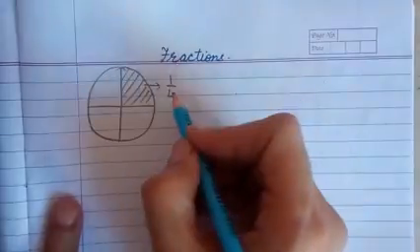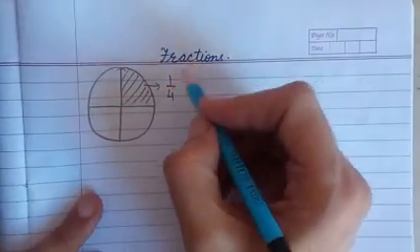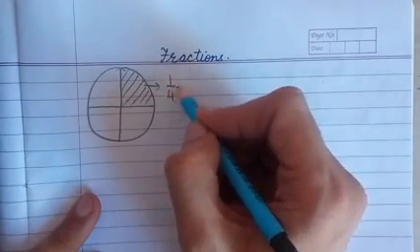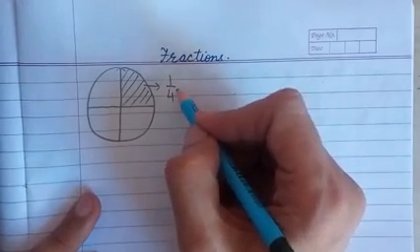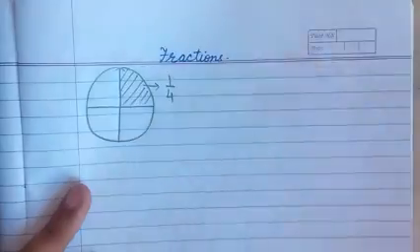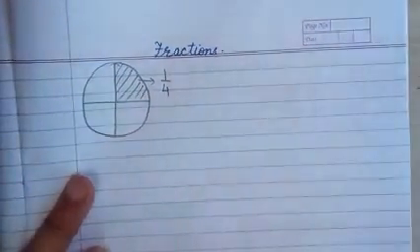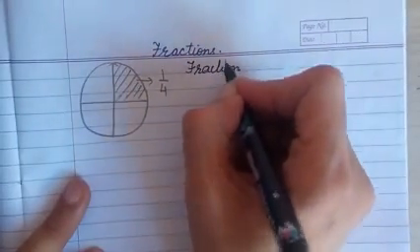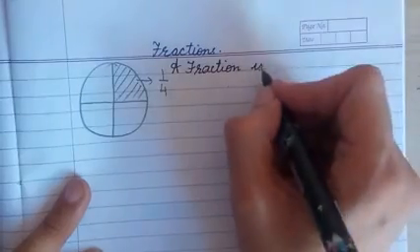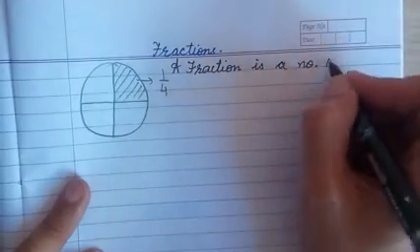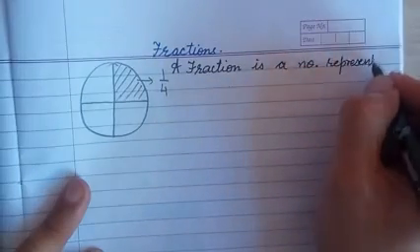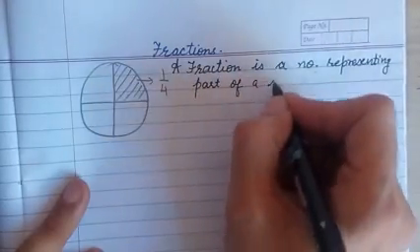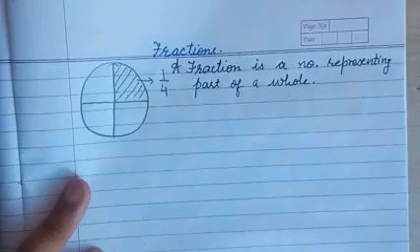And this we are writing as 1/4. When we write a fraction, we write using two numerals, one arranged over the other, separated by a line. And what is a fraction? A fraction is a number representing part of a whole.